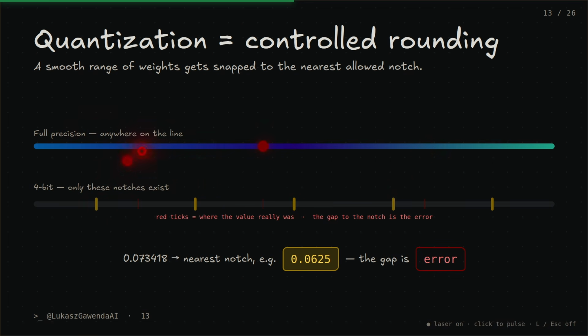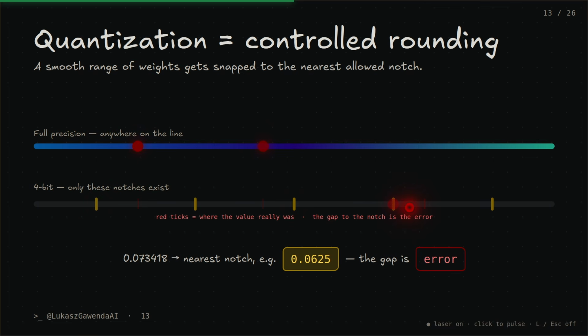As we can see, the value was at full precision, and because we can't represent it exactly, it goes here, and this is then our error. We choose the closest representation and we get an error. That little distance, the error I mentioned, is the quantization error. It's tiny on one weight, but if we multiply it across billions, it quickly adds up.